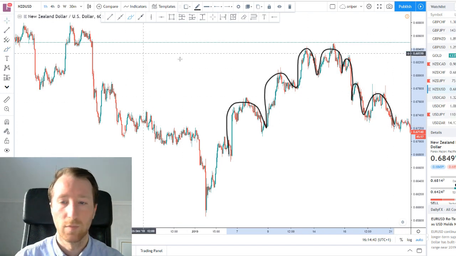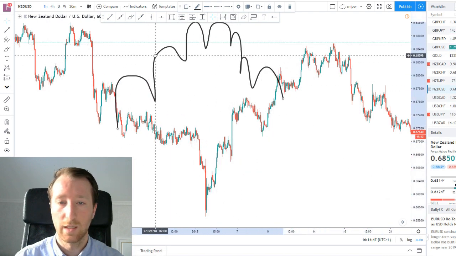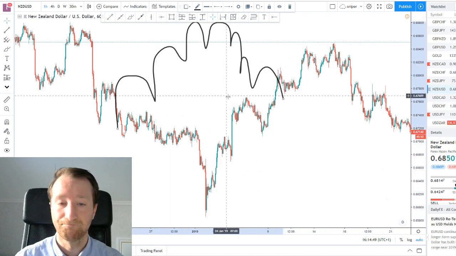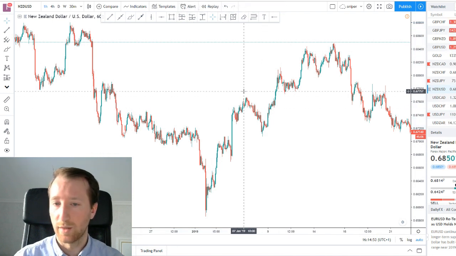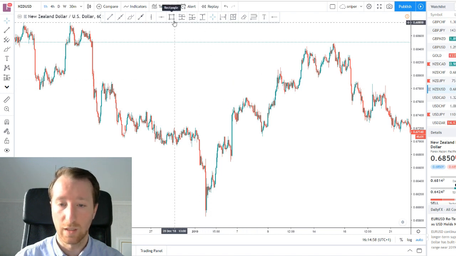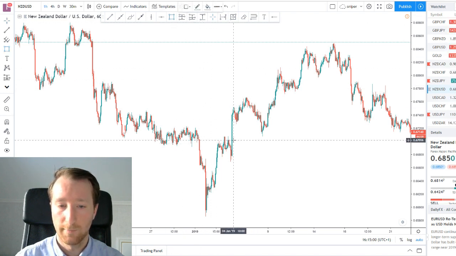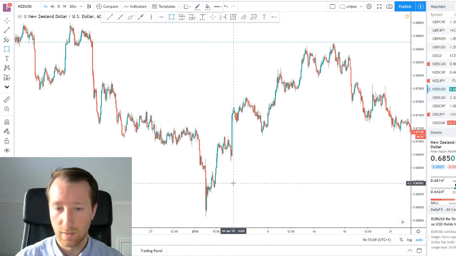Okay? So with my very simple explanation, that looks like a lot of waves. Price moves in waves. Price also moves from levels to levels.